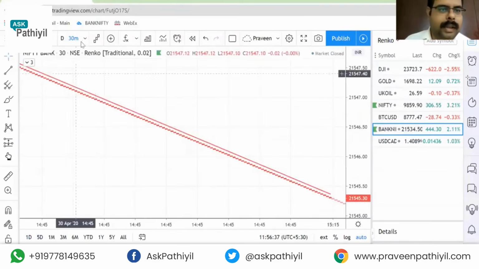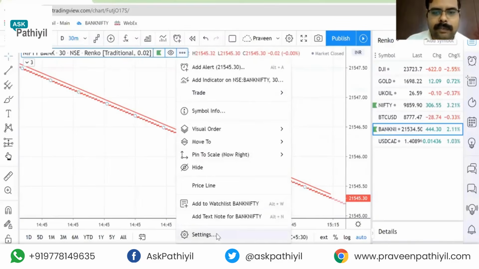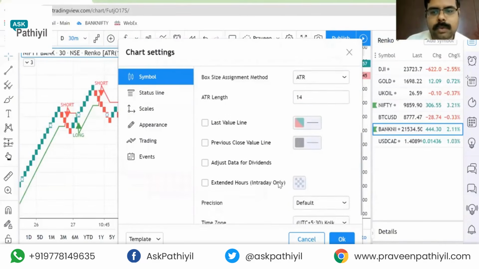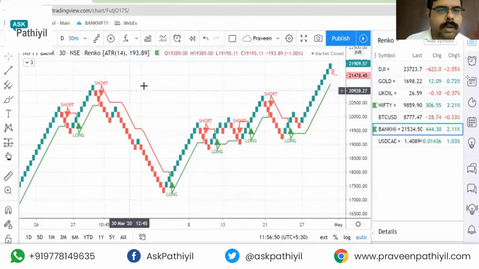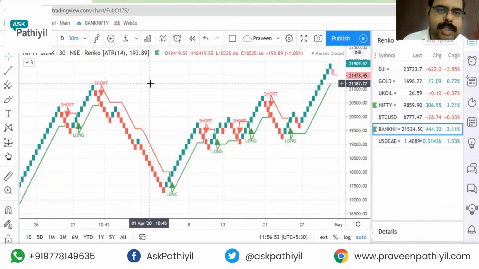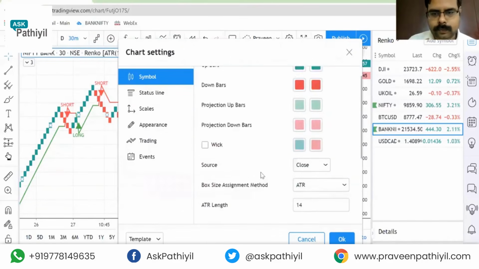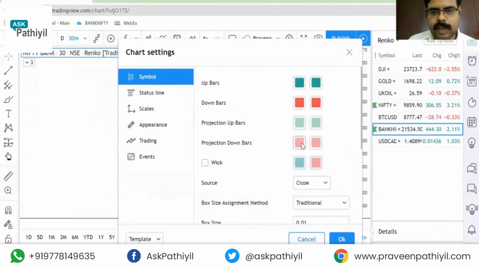I'm just showing you, if I were to use 30 minutes chart on the Bank Nifty, I need to find out the value of ATR 14 first. ATR 14 comes to 193, which means I'm going to take a trade on the value of, I'll take 96, which is half of it.